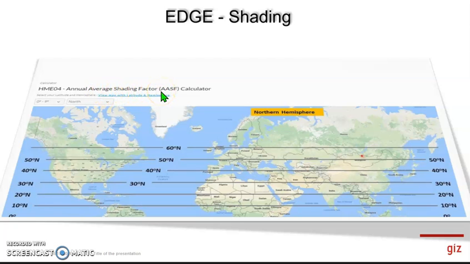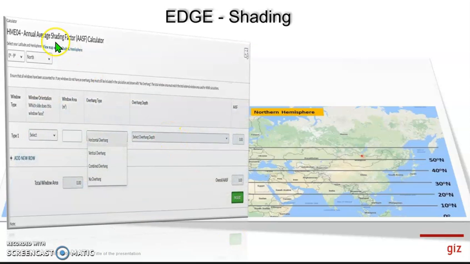This is also an indicator measured at Edge. For example, I put a red dot here for roughly Ulaanbaatar, above 50 degrees north. This is important to get the right calculation. So you have the annual average shading factor.